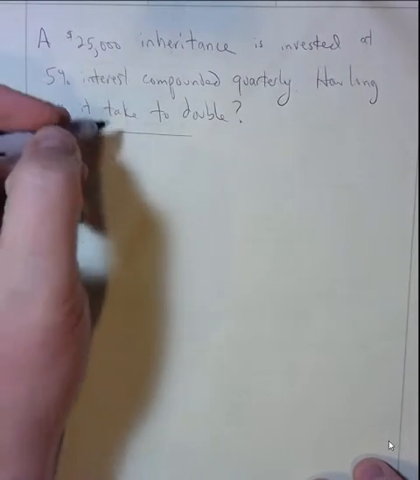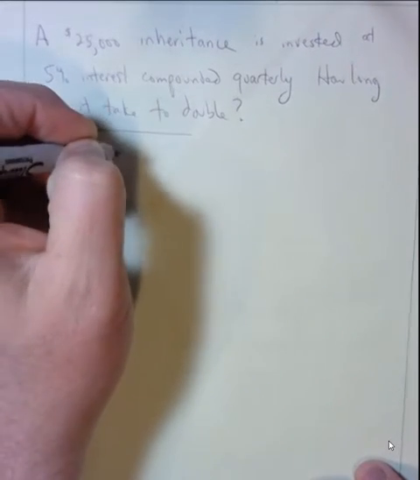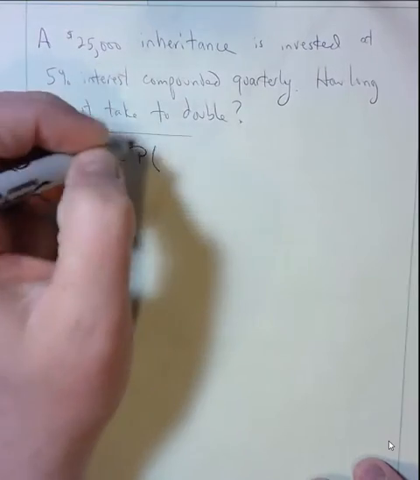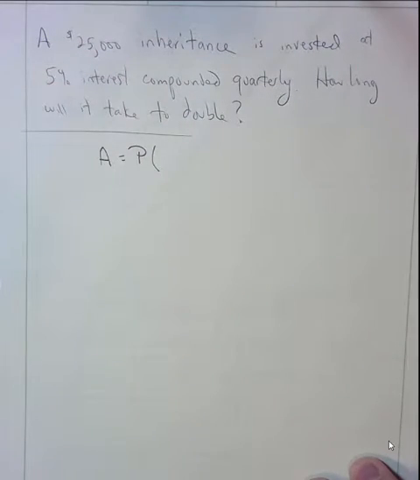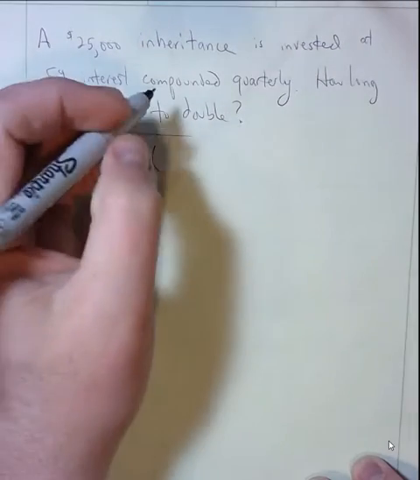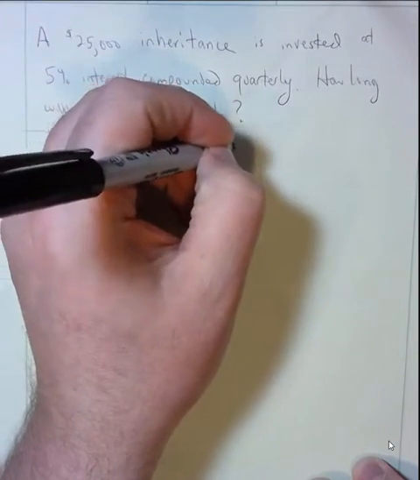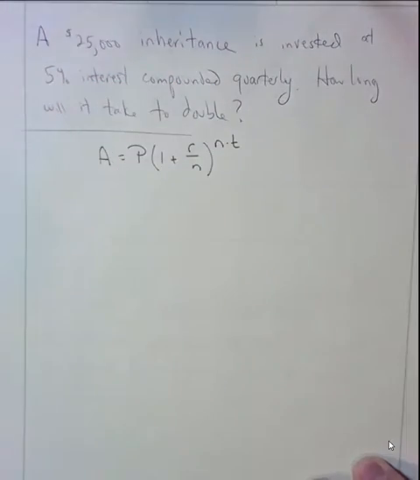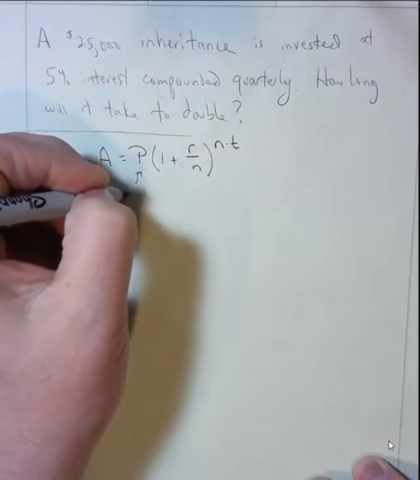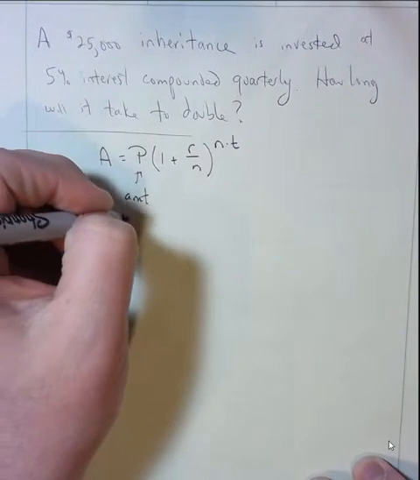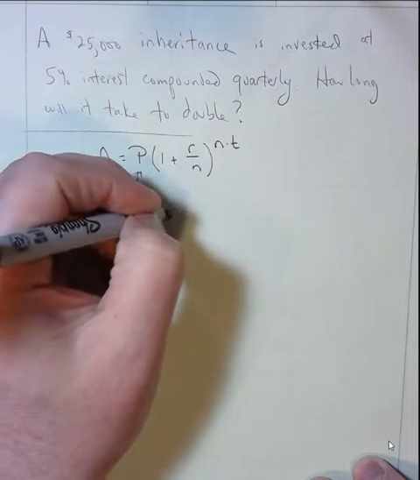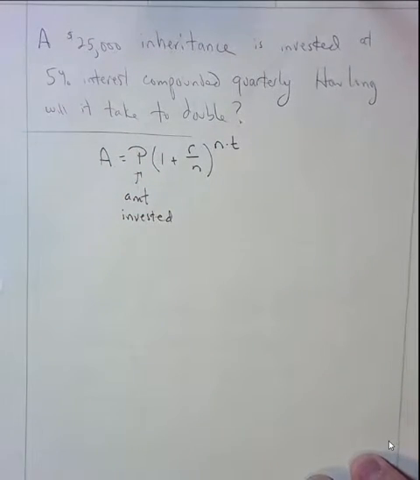The formula for a problem like this, where you have intermittently compounded interest, looks like so. It's got a lot of letters in there, but each has a job. The first number on the outside of the parentheses is the amount invested.